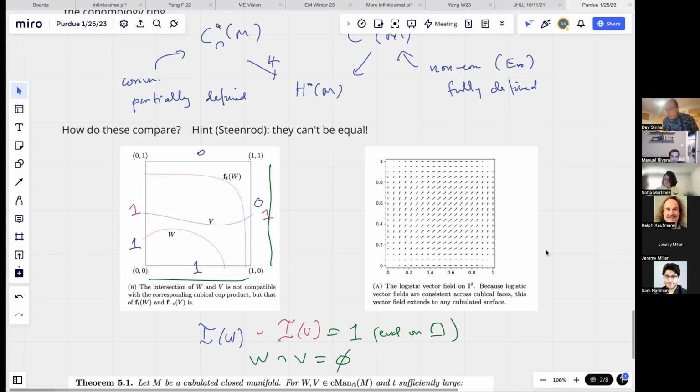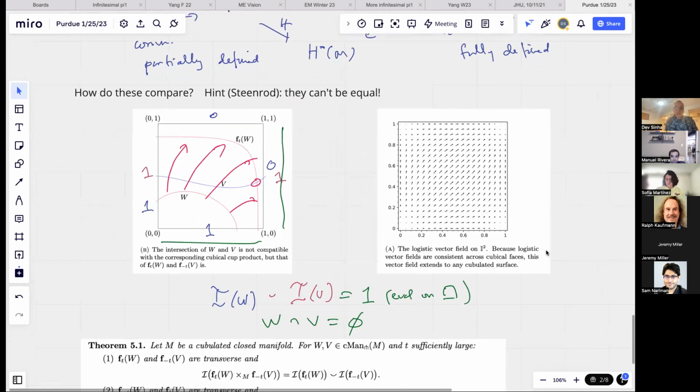And what we show is that while V and W, their intersection doesn't reflect it, if I allow W to flow sufficiently long, then eventually its intersection properties are going to reflect the cubical, the combinatorial cup product.